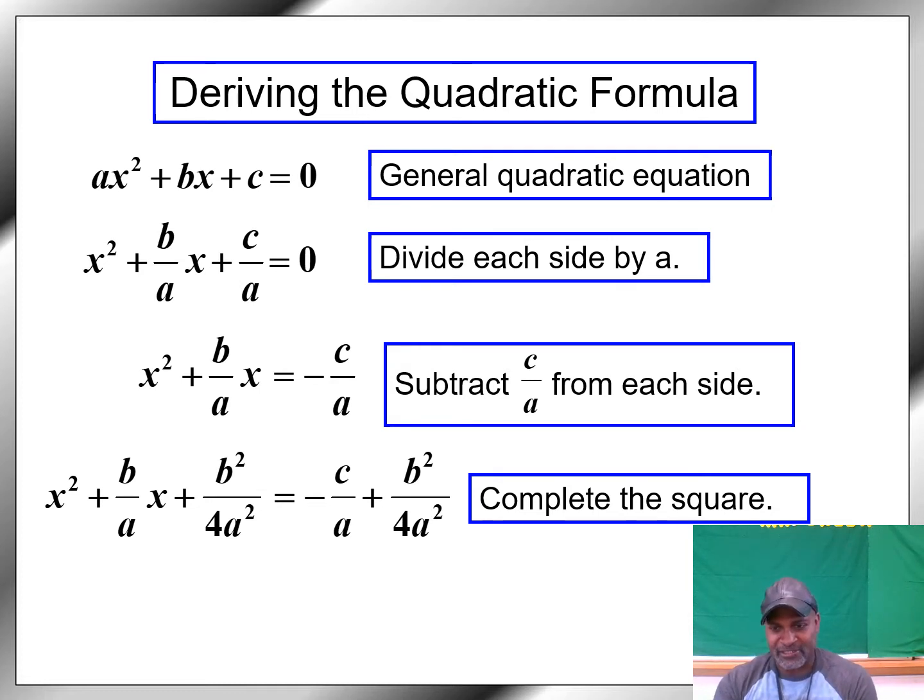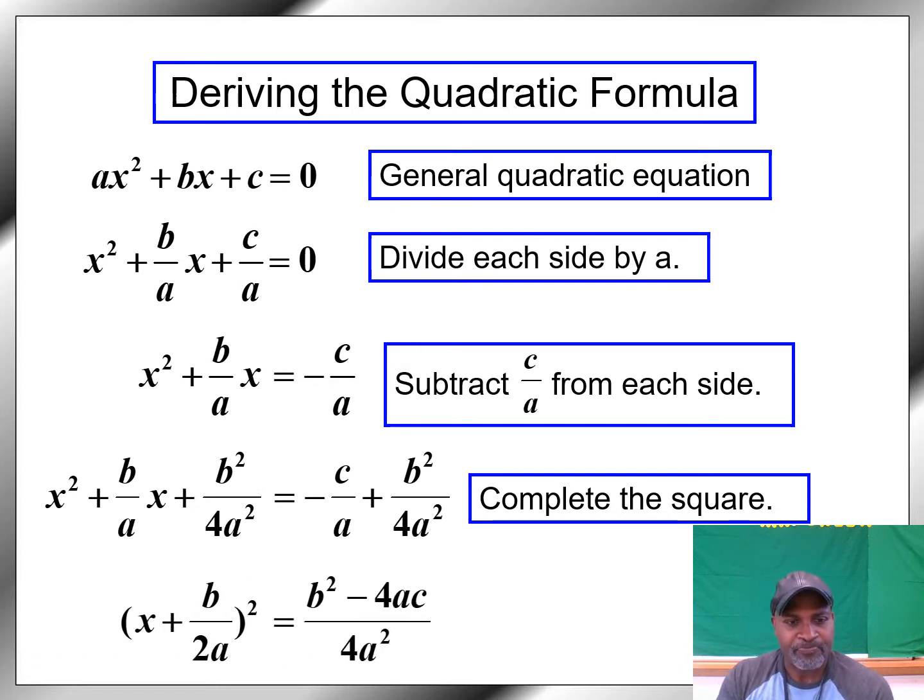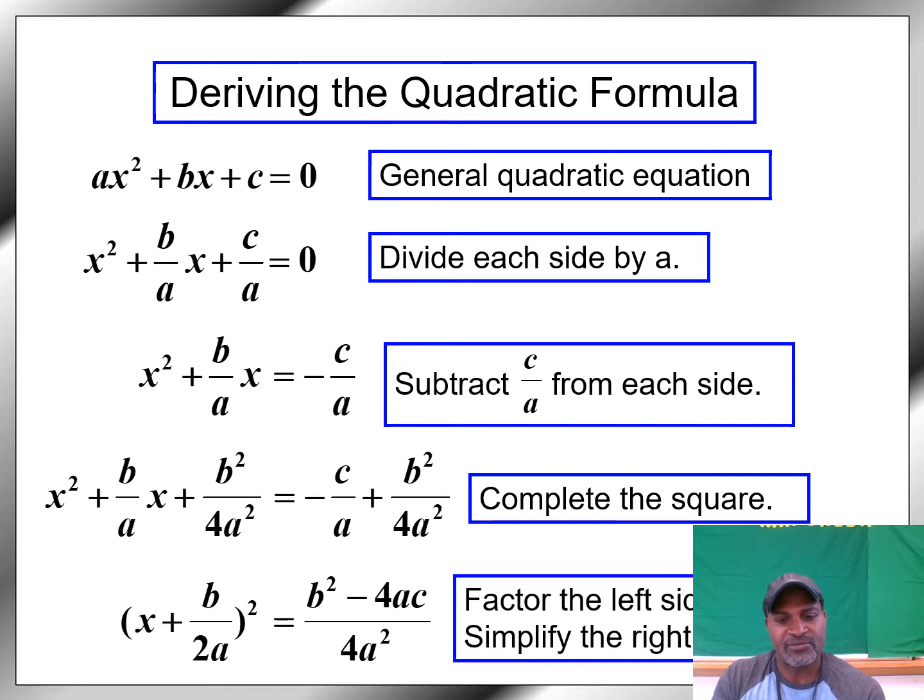This is called completing the square. Now let's simplify, because now we have a perfect square on the left. Factor the left side, and simplify on the right.